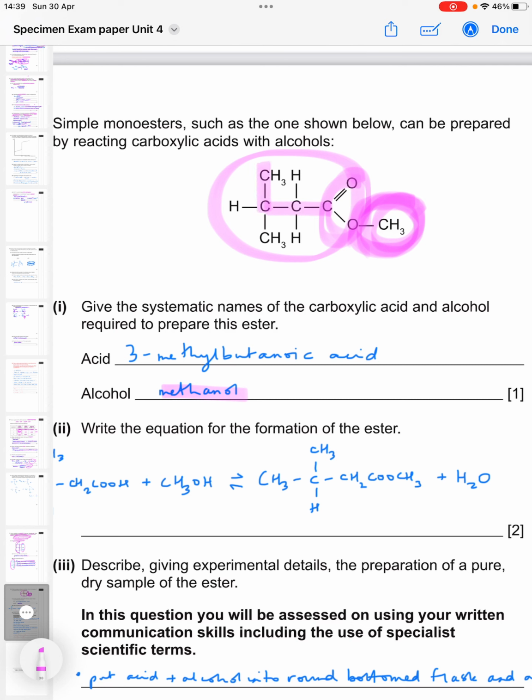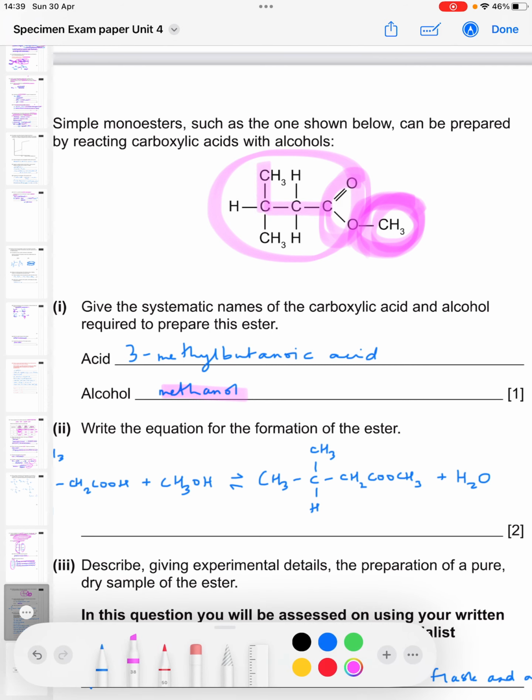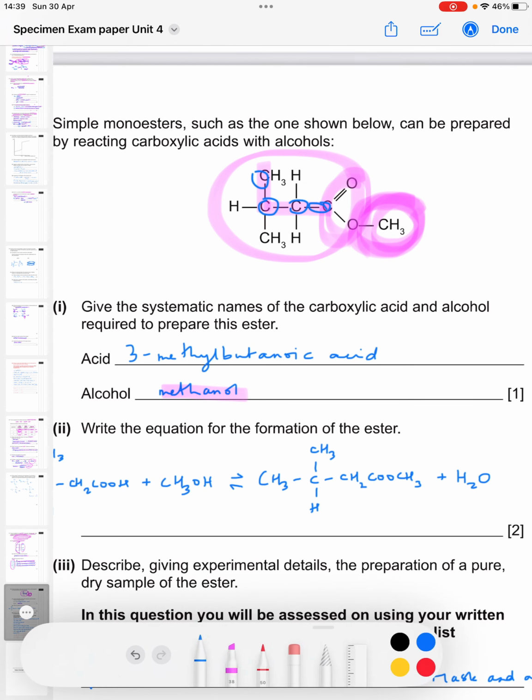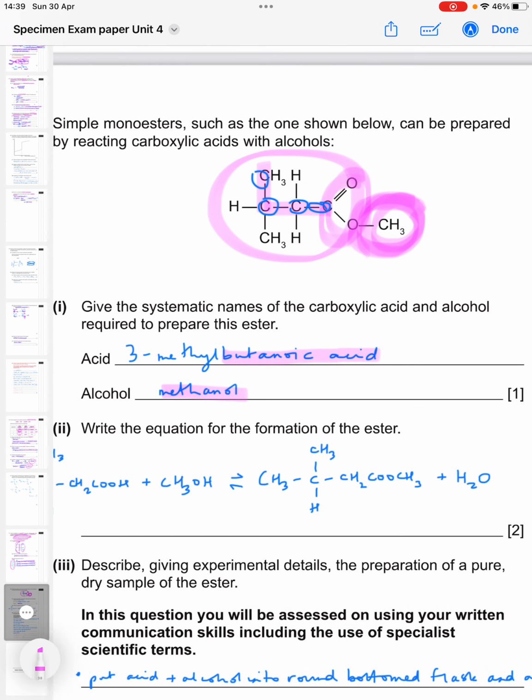So it's methanol, and then the acid, so this would have been the acid group, and then there's 4 carbons in the longest chain. Can you see that? 1, 2, 3, 4. So it's a butanoic acid, and we have this methyl group attached to the 3rd carbon. So it's 3-methylbutanoic acid.